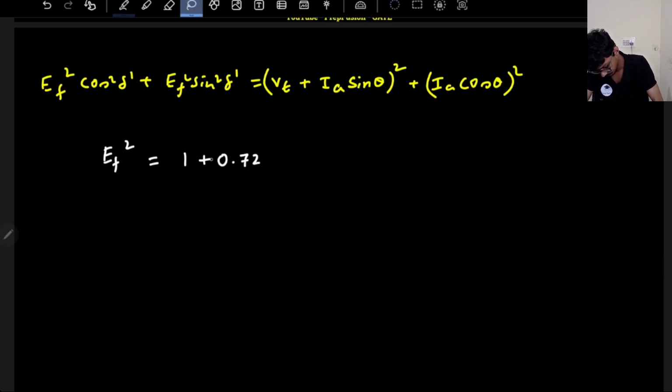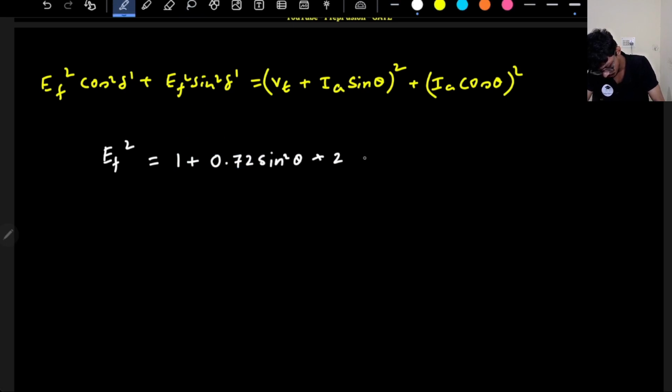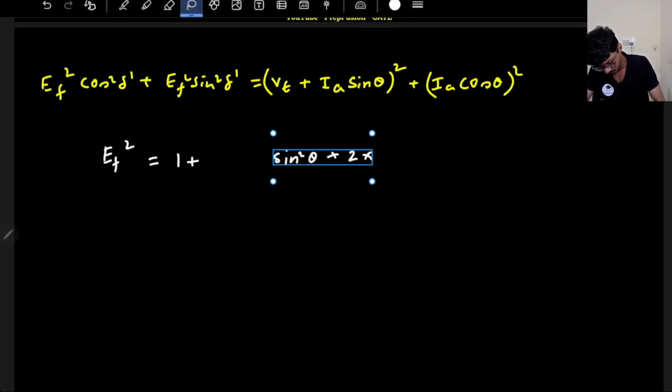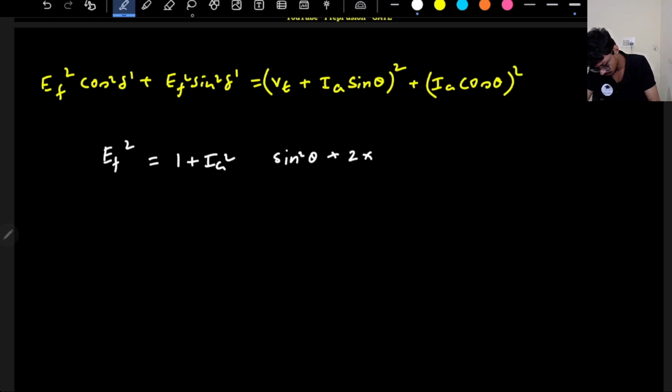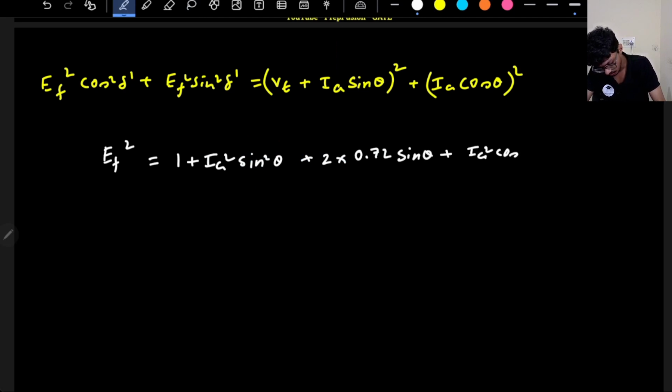So this will become IA square into sin square theta plus 2 into 0.72, because IA is 0.72 now, into sin theta, plus IA square cos square theta.